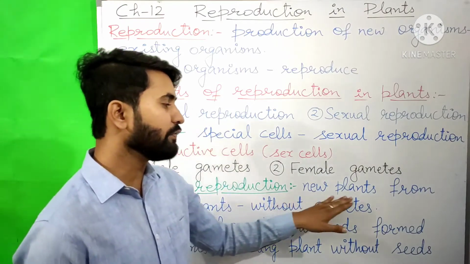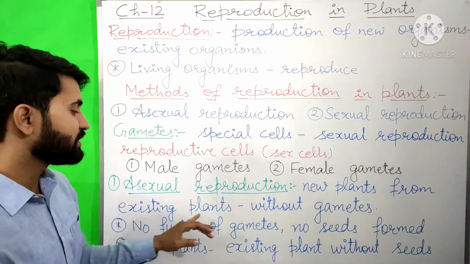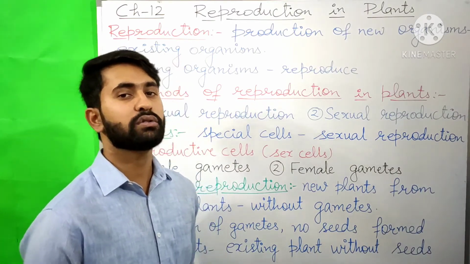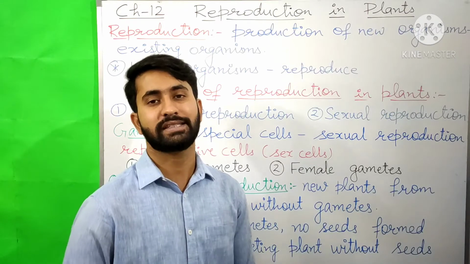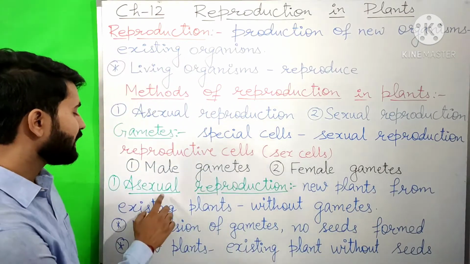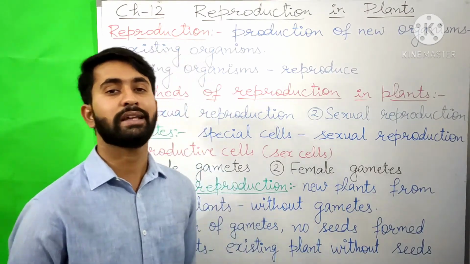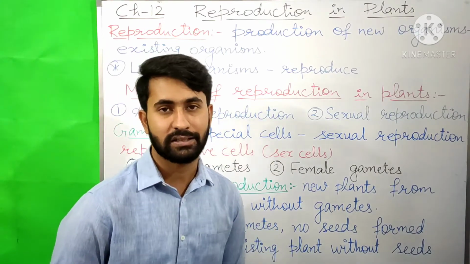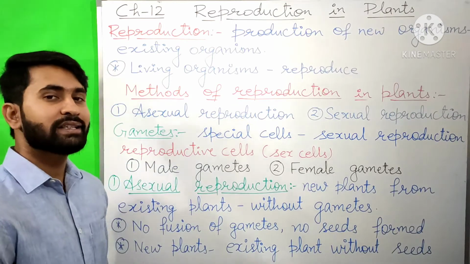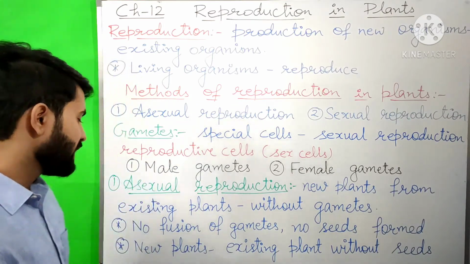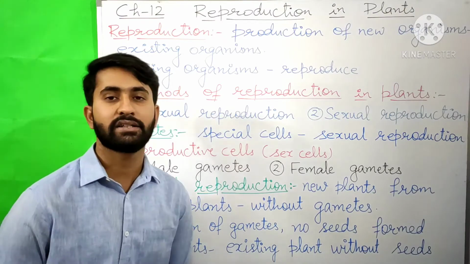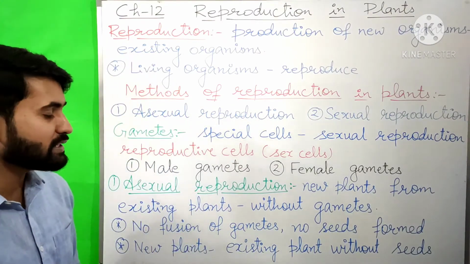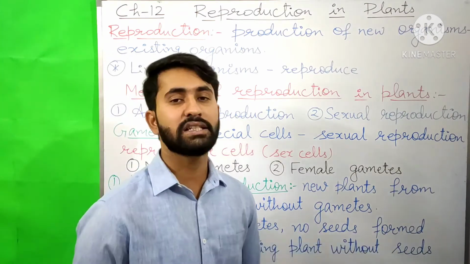The production of new plants from the existing plants without the involvement, or we can say without the use of gametes or the sex cells, is known as asexual reproduction. So in asexual reproduction, the gametes, or the sex cells, are not required. There is no fusion of gametes, or we can say the combination of gametes does not take place, and there are no seeds formed.